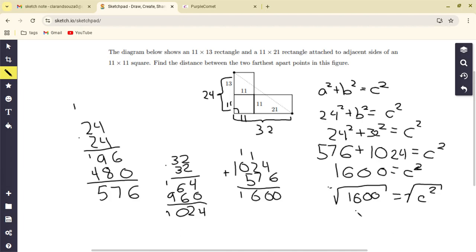Okay, so on this side, you can see that the square root of 1600 is equal to basically 40.